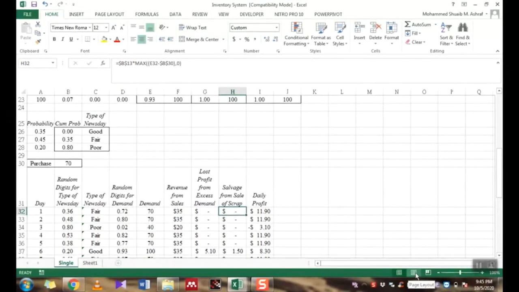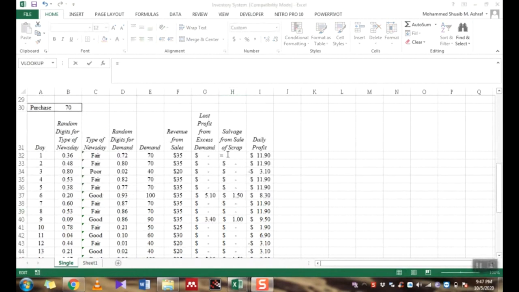Okay, you'll calculate salvage from scrap.